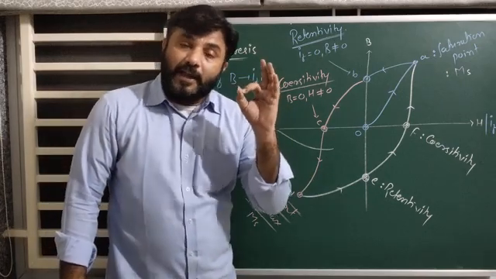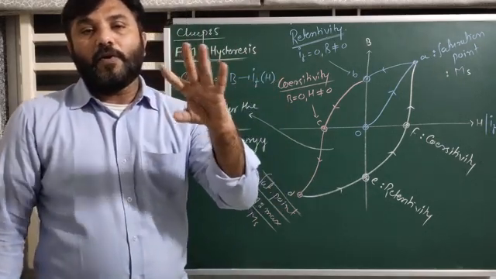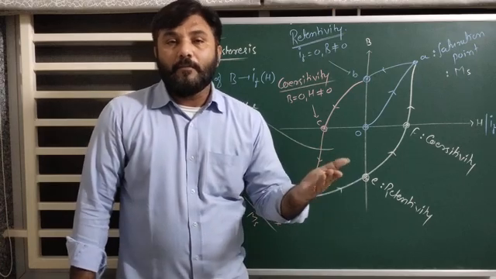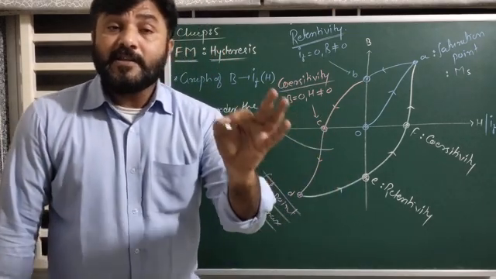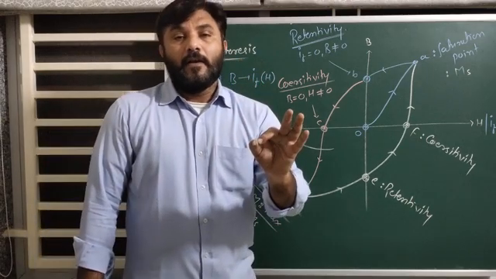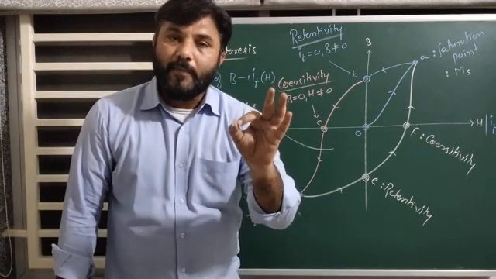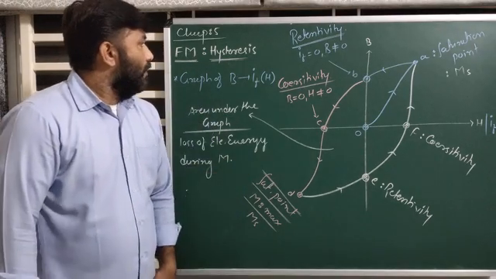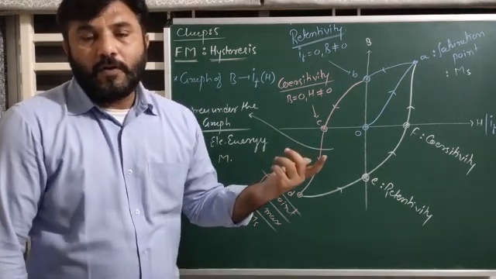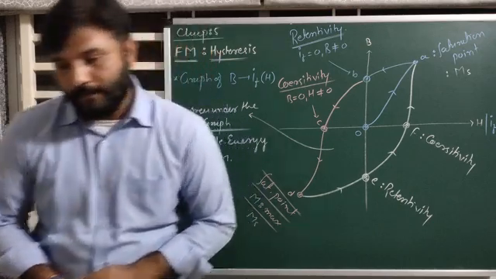But if the question is asked in 3 or 4 marks, the question may be changed. That means explain hysteresis curve in detail for a ferromagnetic material. Clear? So this is about that question. Have a look for a few minutes, please.